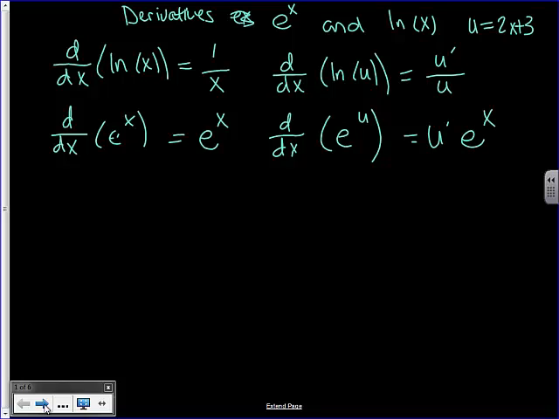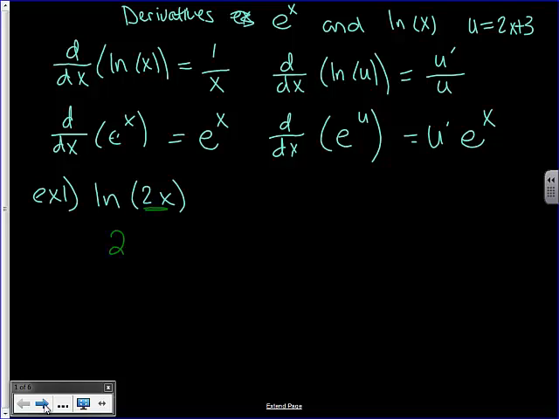Okay, so moving on, let's look at some examples. I might be using some different colors here. Example 1. I've got ln of 2x. Again, this is chain rule, so the very first thing I'm going to do is look at my inside. What's the derivative of my inside? The derivative of my inside is 2.